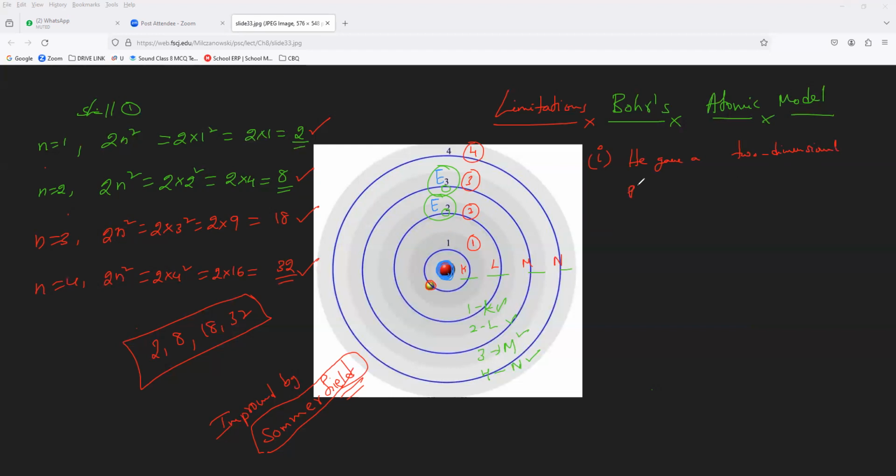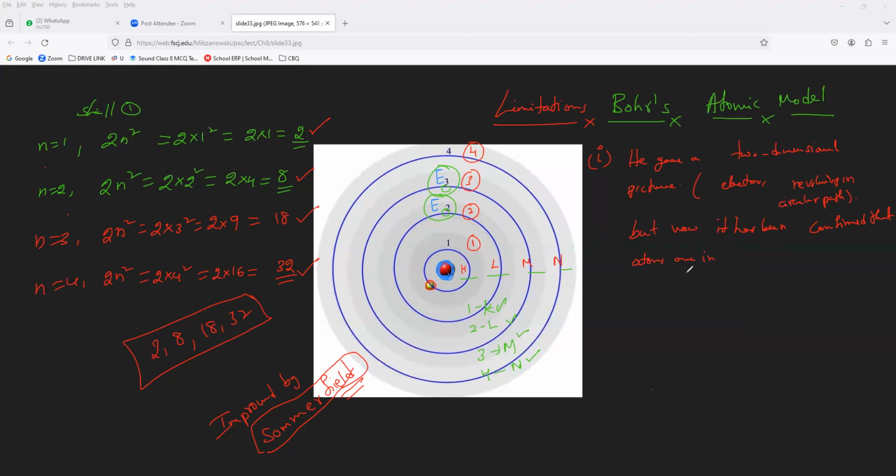Two-dimensional picture means he has said that electrons are revolving in what orbits? Electrons revolving in what path? Revolving in circular path. But now it has been proved or confirmed that atoms are in what direction?